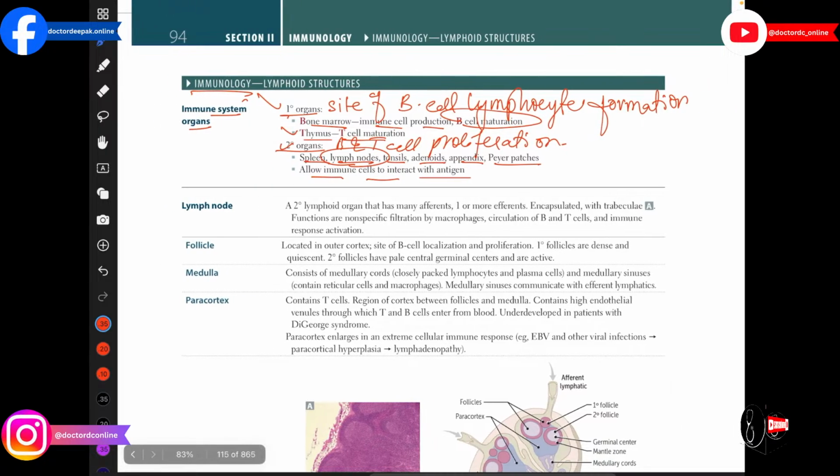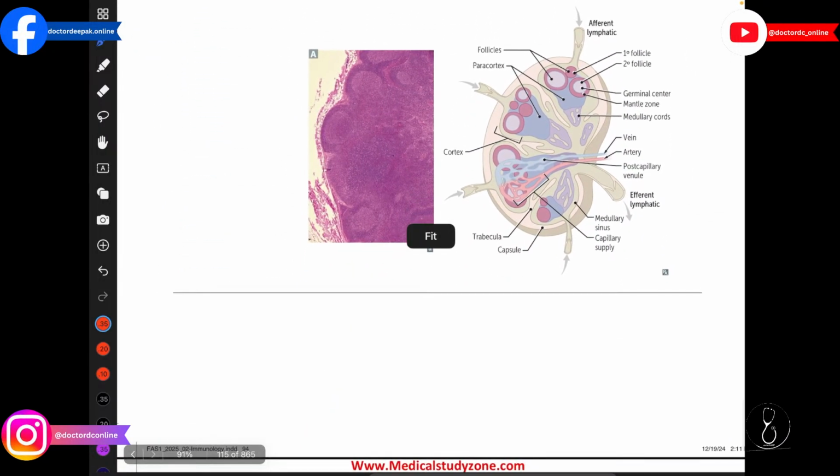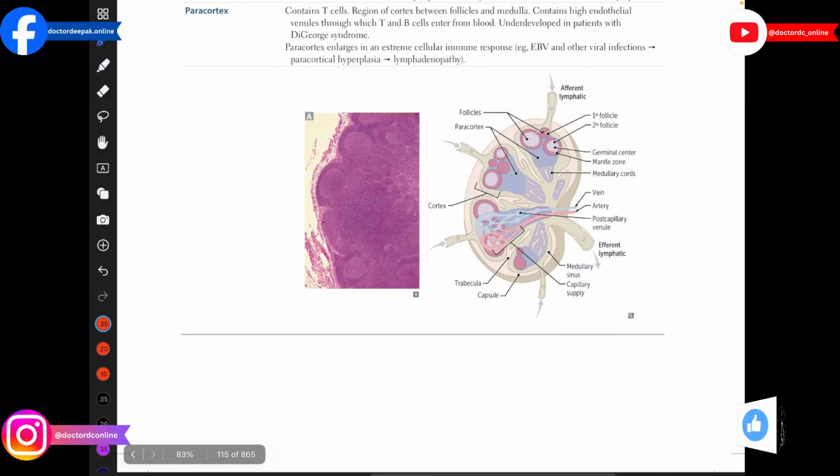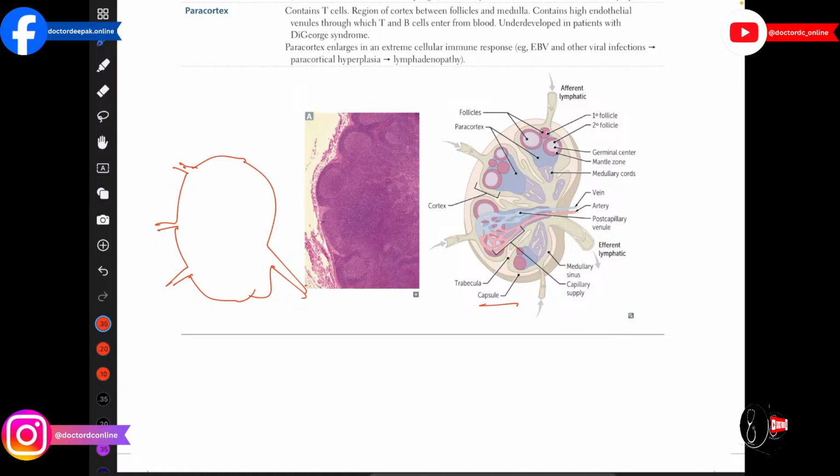Before getting to it, we'll go with the diagram. I will make a simple diagram related to this. It's just like a kidney. You guys were thinking it was a kidney, but it's a lymph node. It also has entrance pathways called afferent lymphatics. The afferent lymphatics have multiple routes.